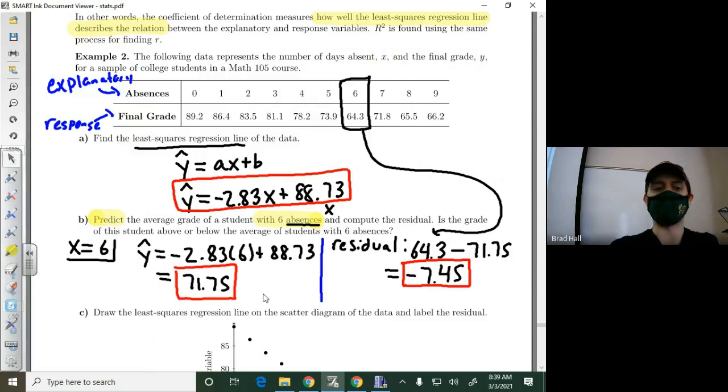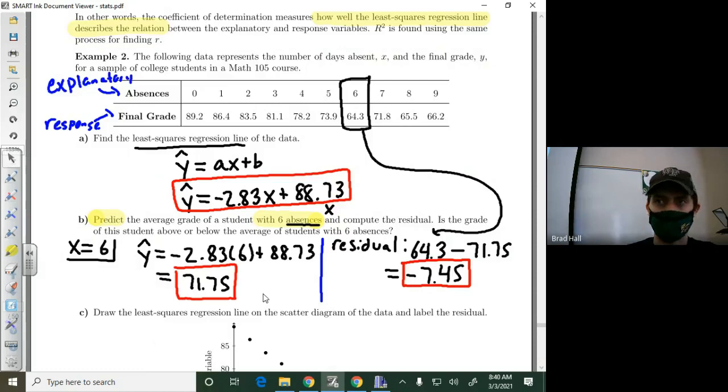Now it's asking, is the grade of the student above or below the average? So the grade of the student, that would be observed. And whenever they say the average, that generally refers to values from the line, our regression line.